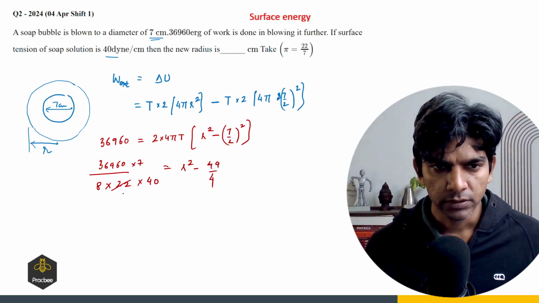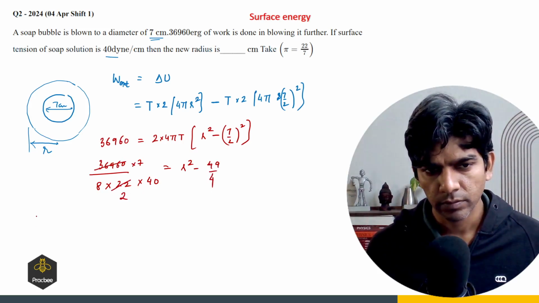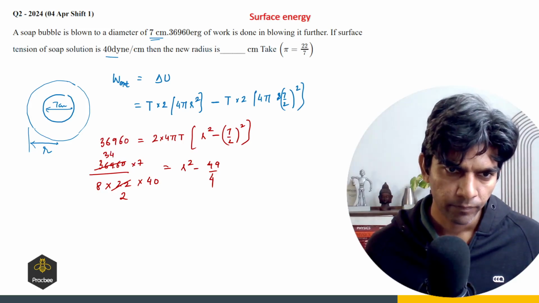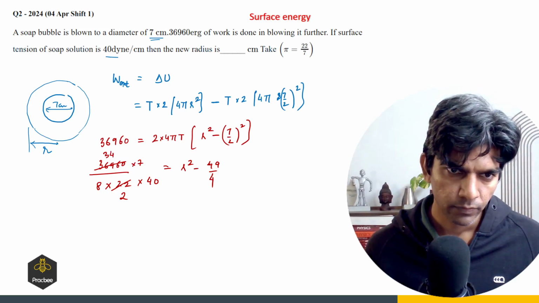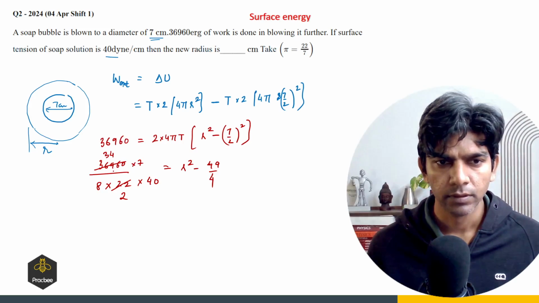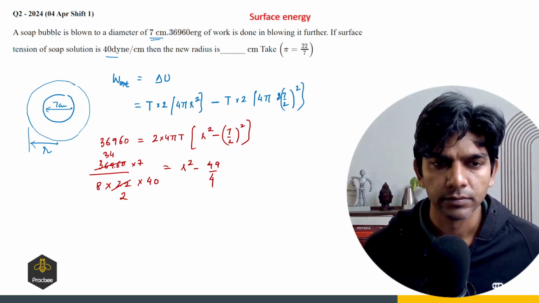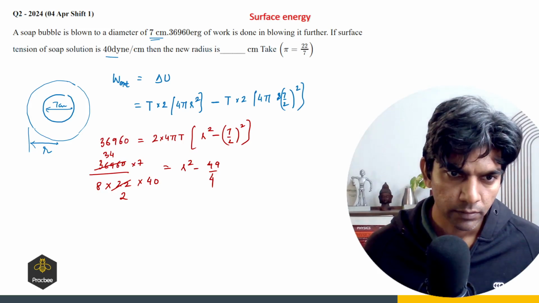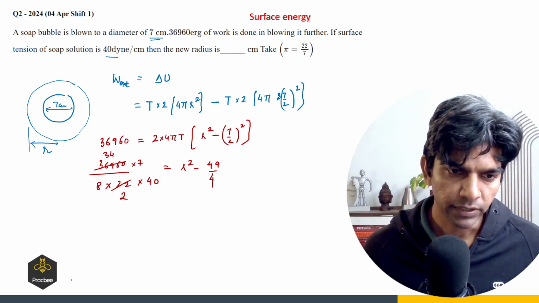Now from this, let us divide this by 11. So this will be 3, and then we have 49, 4, and then we have 9, 6. So this will be 3, 30, sorry, it will be 3, not 4.